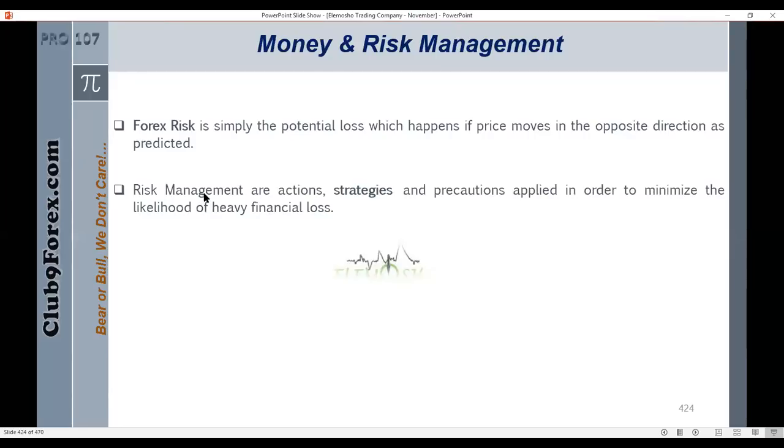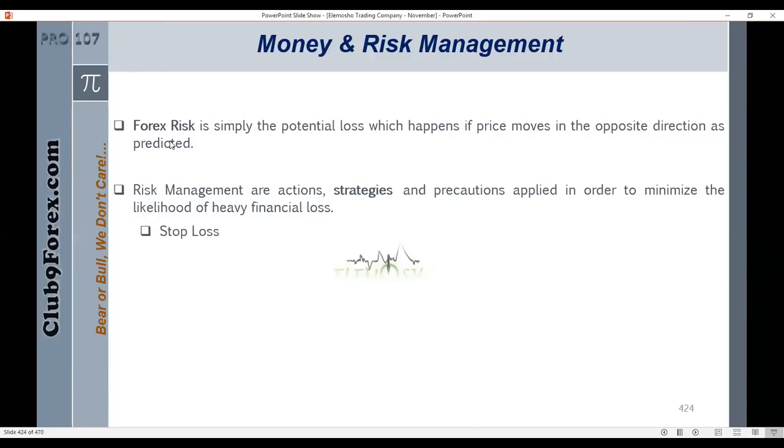But in the context of the Forex market, risk management has to do with ensuring that your reward is large enough to cover your risk at any particular point in time. So first, we are going to be looking at the strategies you'll be using. Then later on, we'll go to the risk management techniques.